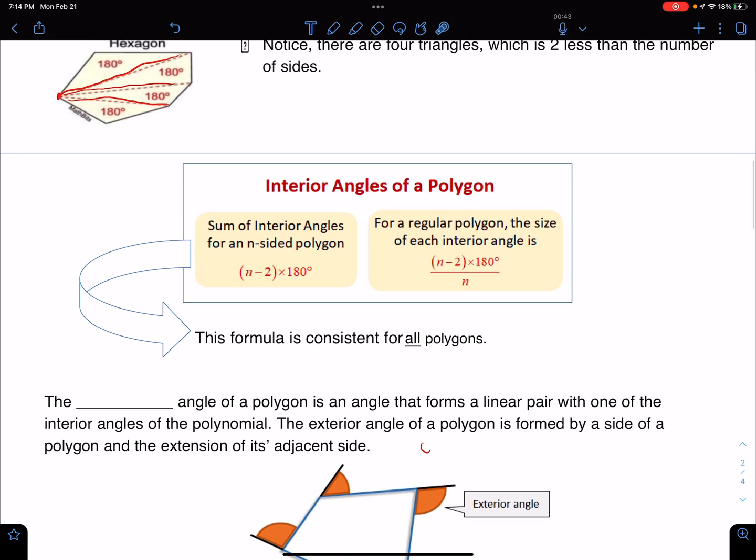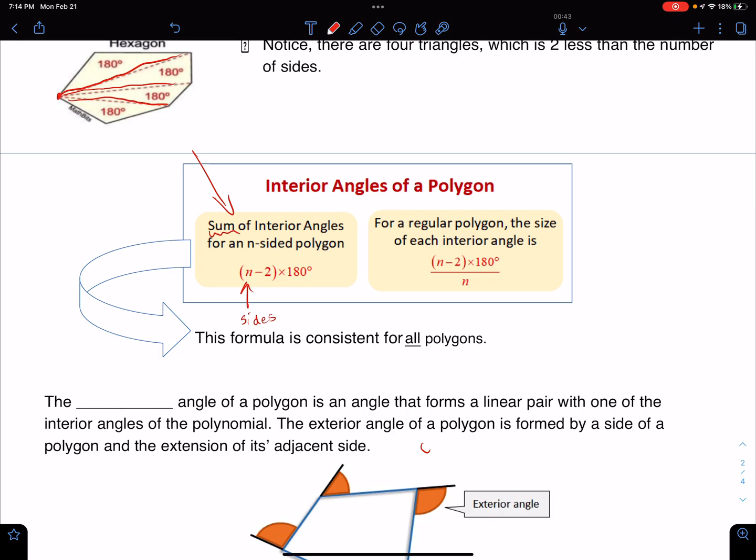So here's the formula today. The sum of interior angles, so all of the interior angles added together, is n minus 2 times 180. However many sides you have, you plug that number in for n. So that's the sum.